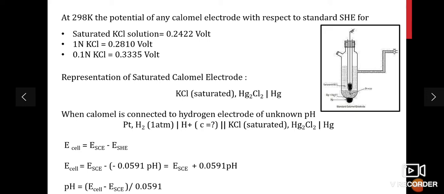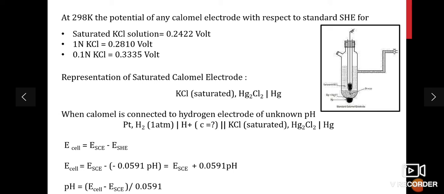The representation of the saturated calomel electrode is mentioned here, and when the calomel is connected to a hydrogen electrode of unknown pH, then the cell is represented with platinum here. The EMF of the cell will be the potential of the saturated calomel electrode minus the potential of the standard hydrogen electrode, that is 0.